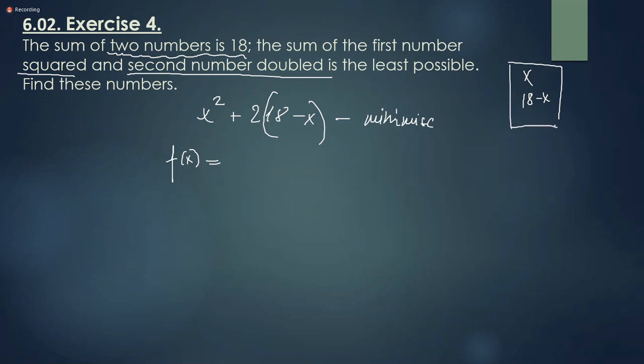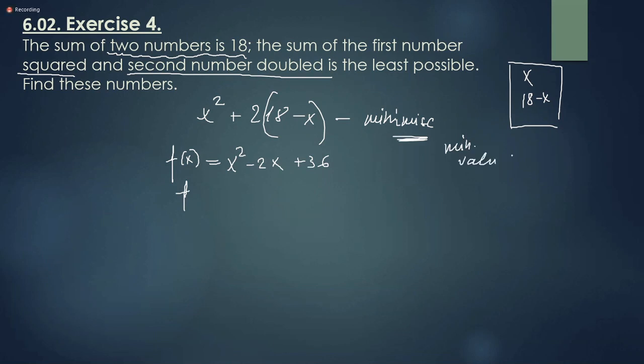Then we set up that sum that is described in this problem. And we are asked to find the situation where this expression is the least possible, to minimize it. If I write it down in function form, then we see that this is a quadratic function, x squared minus 2x plus 36. We need to find the minimum point if it exists.